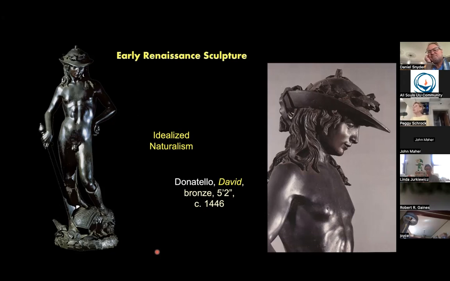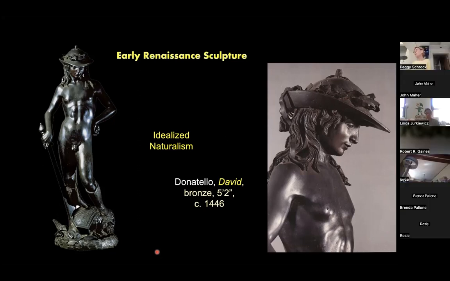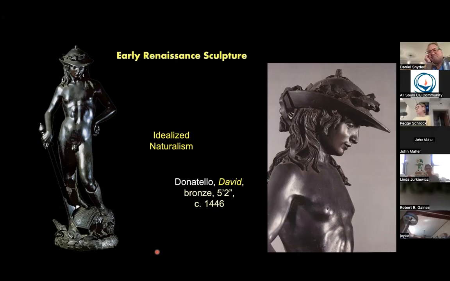And David, this is the biblical David who slayed Goliath, is the symbol of Florence, and he's embraced by Florence because, well, we're going to see a number of reasons, but he's really an archetypal figure because he's the little guy who beat the bigger guy. And they had just defeated Milan, who was a bigger nation, had a bigger army. And so David was the perfect symbol.